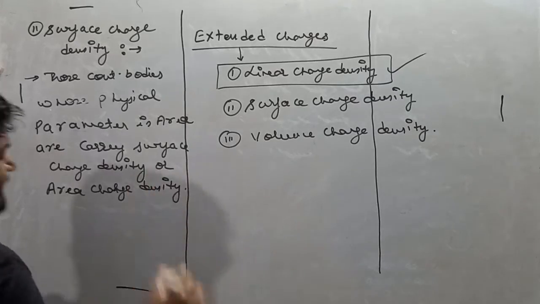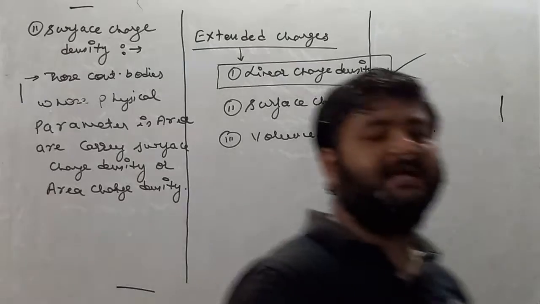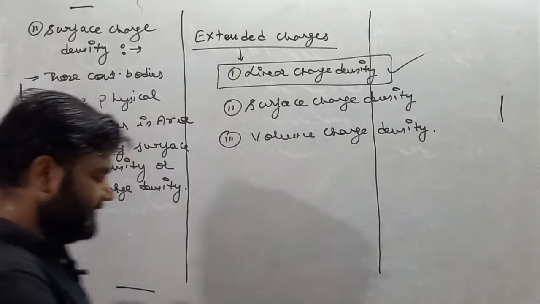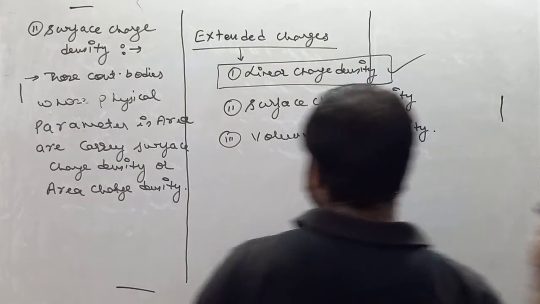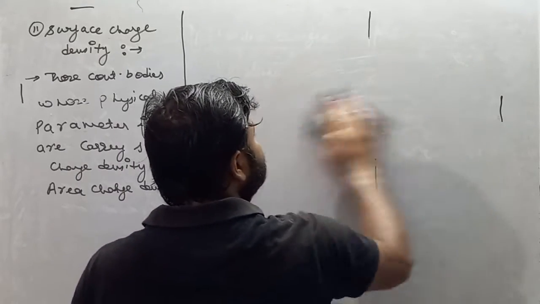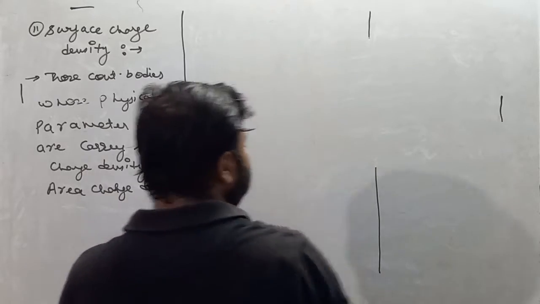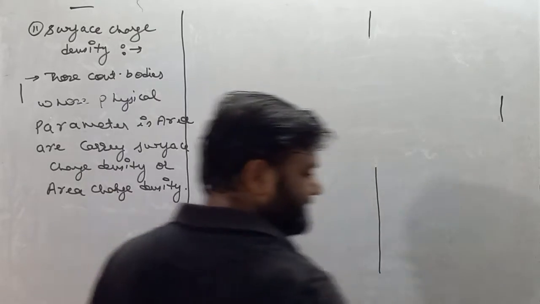So remember this, dear student: those continuous bodies whose physical parameter is area, the charge present on that type of bodies is considered to be surface charge density.